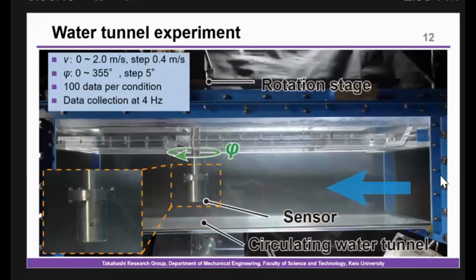For testing the response of the fabricated sensor in water flow, we conducted experiments in a circulating water tunnel with a rotation stage. Here are the conditions for this experiment.